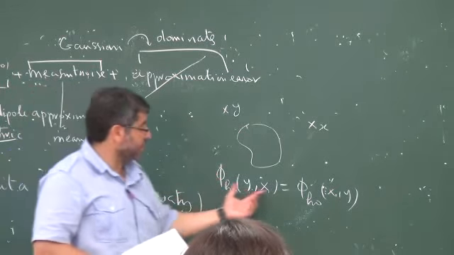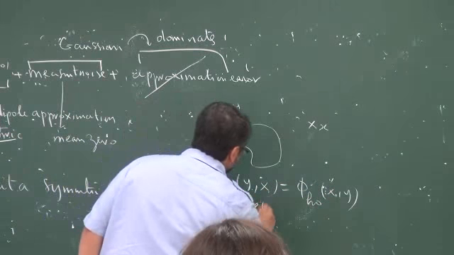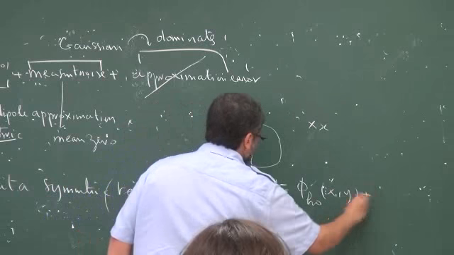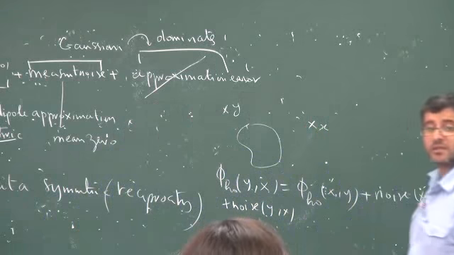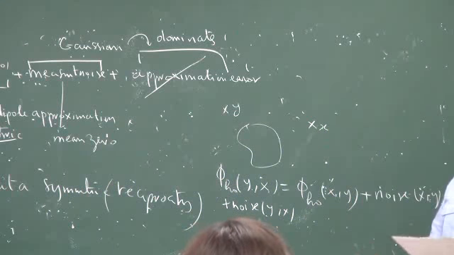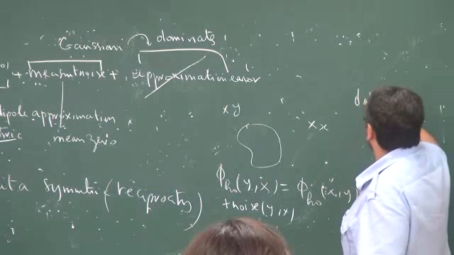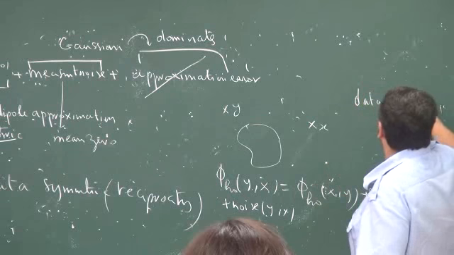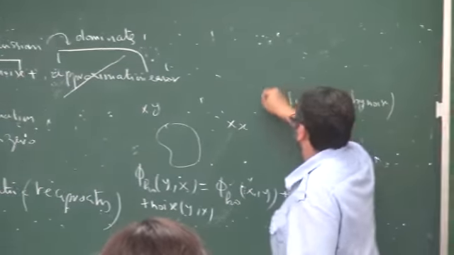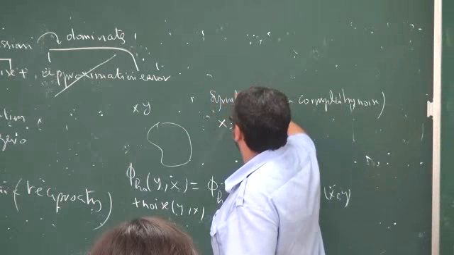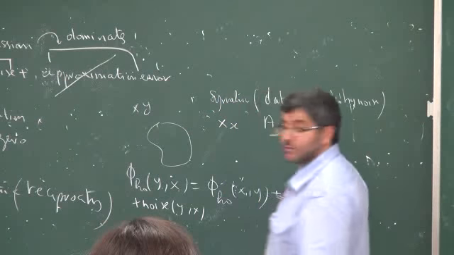So the field is symmetric, but the noise from x to y plus the noise from y to x, there is no reason to assume that this is symmetric. But this doesn't matter. You take the data corrupted by noise and you make it symmetric. You symmetrize, so you take (A plus A transpose) over 2.